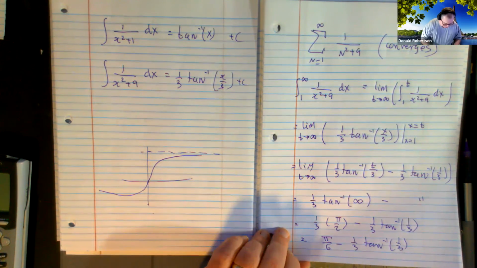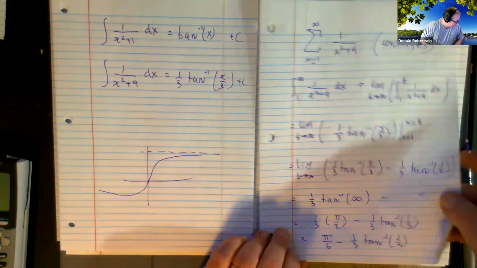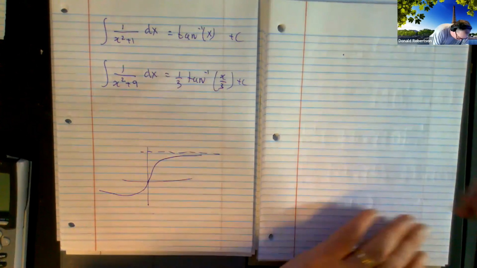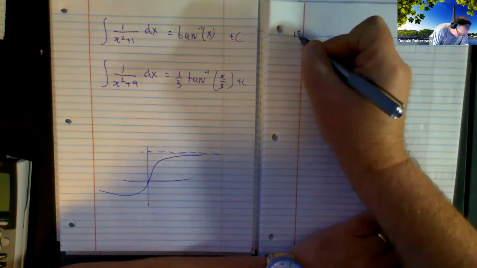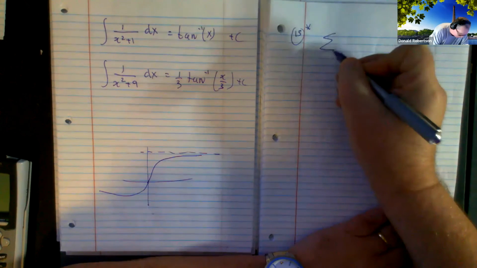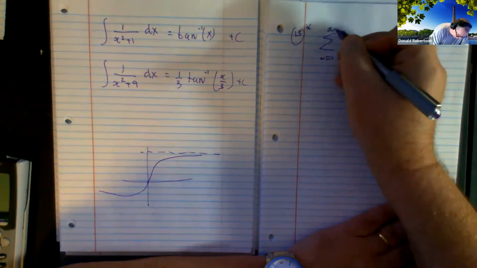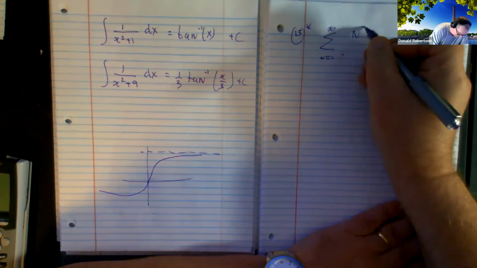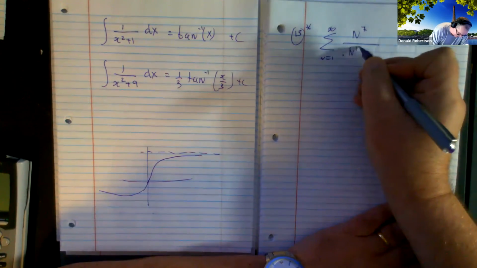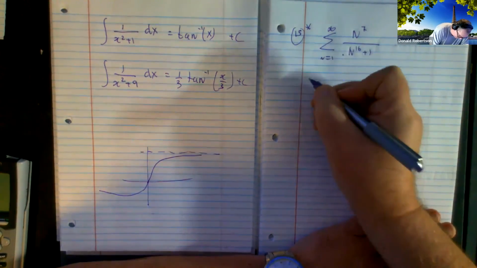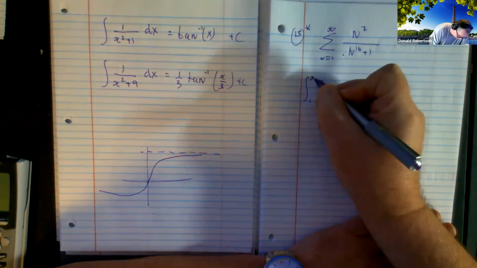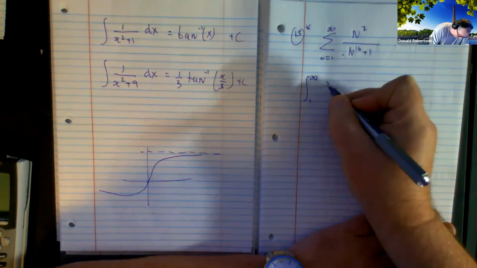Here is another one that we are still on. This one is like 15. N equals 1 to infinity. I'm not going to do all of this one, but I am going to tell you how to do the integral.